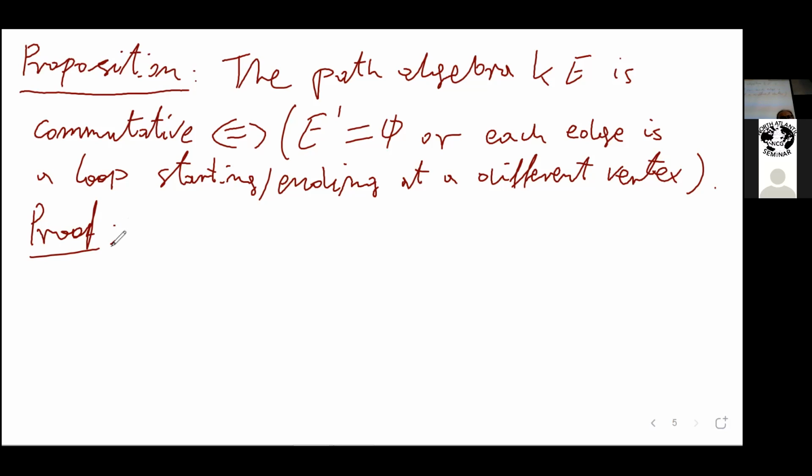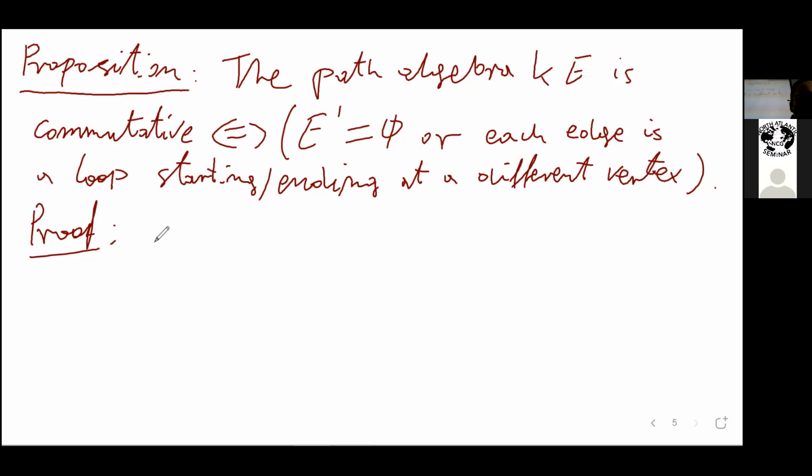So when we have an element in our path algebra KE, we are talking only about finite subsets of FPE, because basis elements are labeled by paths in FPE, and because we use only finite linear combinations, our sums are in fact over finite subsets of FPE. So we are in the realm of this restricted ring. But our proposition was proven for the full ring, this full semi-ring, not the restricted one. So there are some slight differences here.